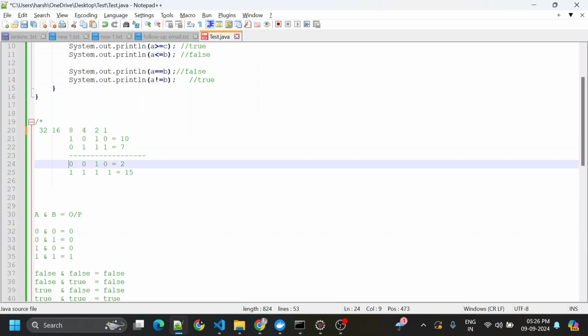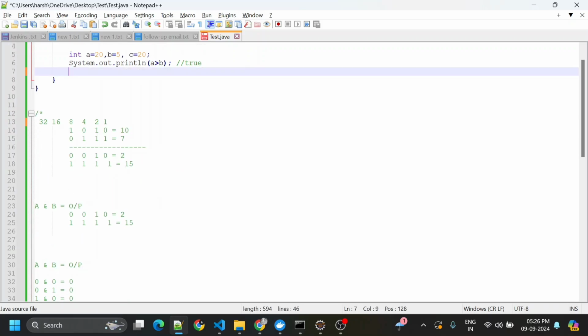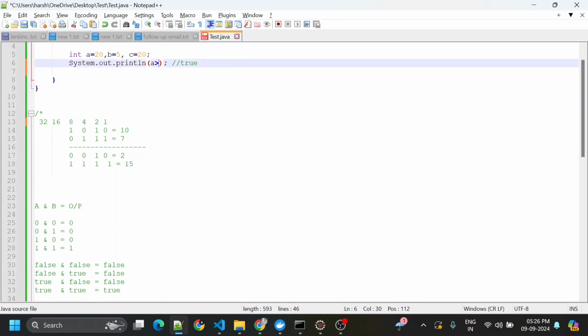We'll see how we got this answer 0010, or 2, over here. I'll do one thing: I will write 10 and 7 over here, and we should get our answer as 2.